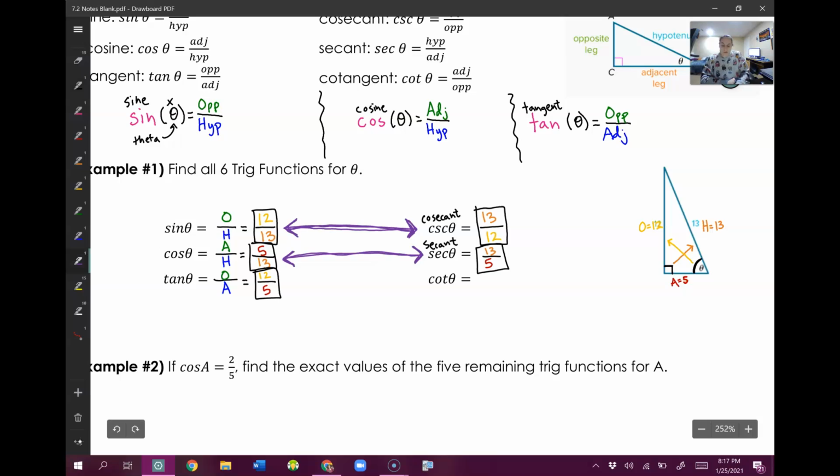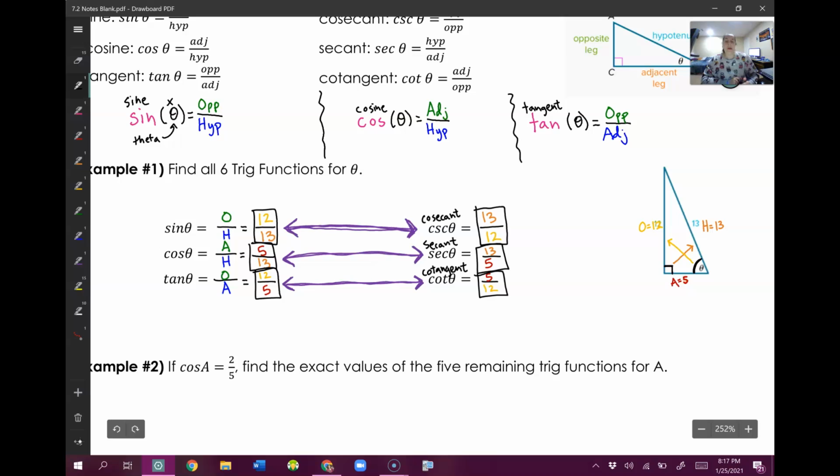And same with the last one. Tangent is paired with cotangent. That one comes pretty obviously, tangent and cotangent. So I take the tangent value, which in this case is 12/5, flip it, and that gives me my cotangent, 5/12.